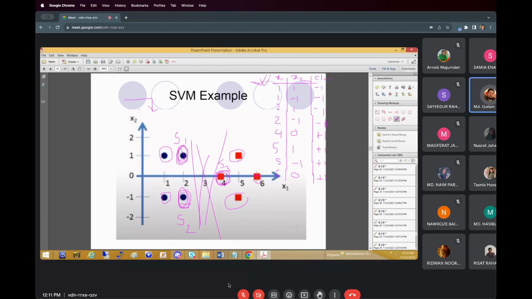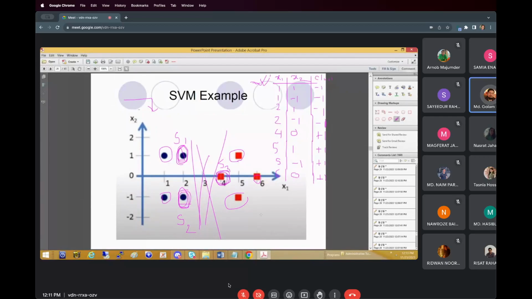And the convention is, if we have two-dimensional data, then it's better to have at least D plus 1 support vectors. So here we consider D plus 1 support vectors.